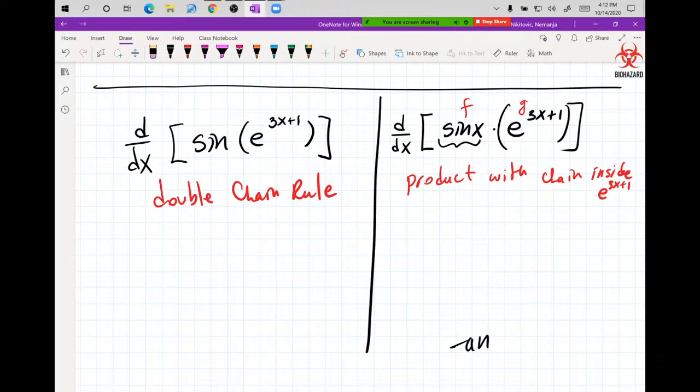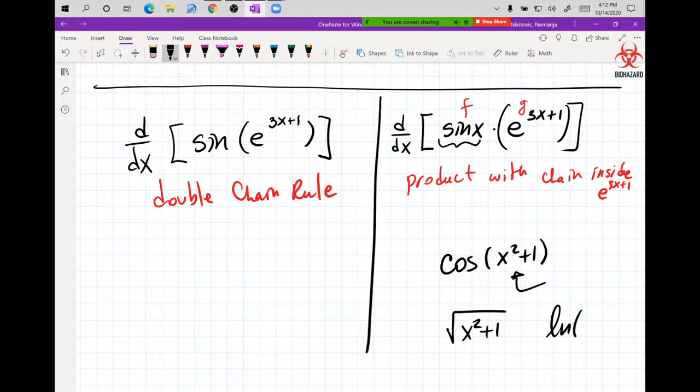So when you say cosine of x squared plus 1, we call this the argument. Argument of the square root, argument of ln. Argument is the mathematical terminology for whatever is stuffed into sine or ln. So that's the wording we use.